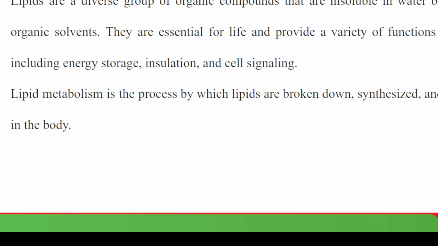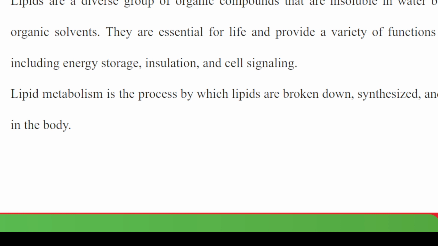All your internal organs are insulated, and there is some form of cushioning to your internal organs, but the insulation here is more from heat, especially the adipose tissue under the skin. And then cell signaling is also one of the functions performed by lipids in your body. That's why lipids are very important for your brain cells, because they contribute to signaling and functioning in the brain, and more details can come about that.